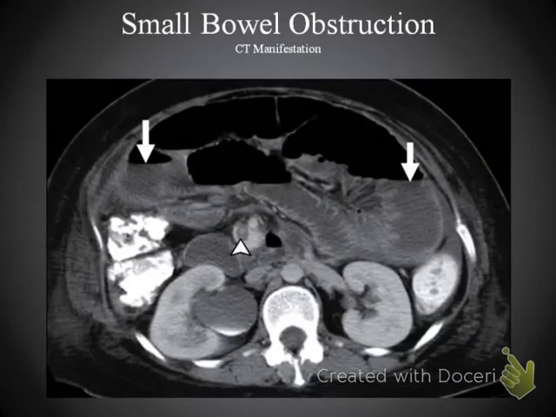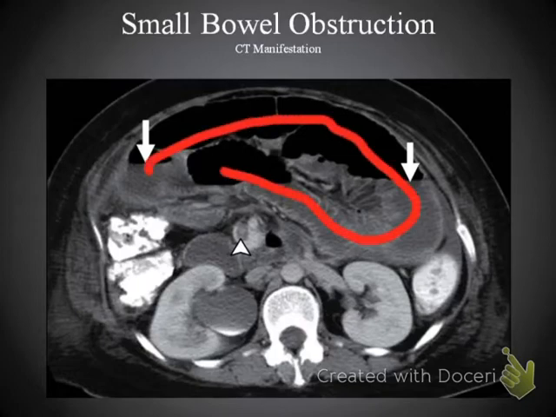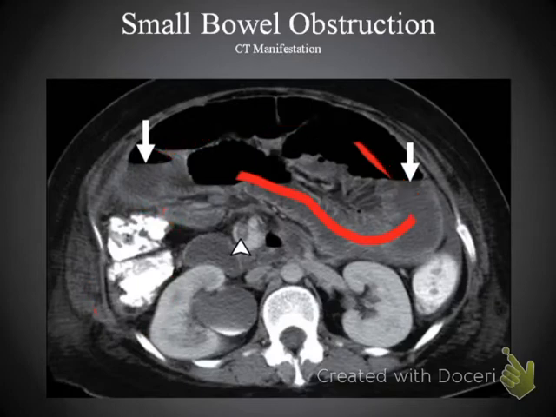This image is much the same, and we see dilation all around, and what looks to be some type of oral contrast here. We really don't know what could be causing this obstruction, but we do know that the bowel is very dilated, and there's not a bunch of fecal material there.